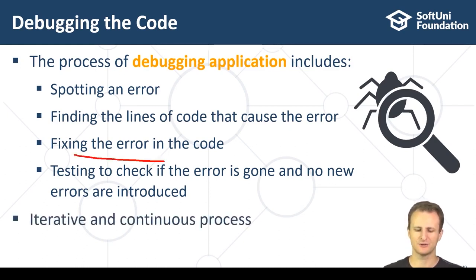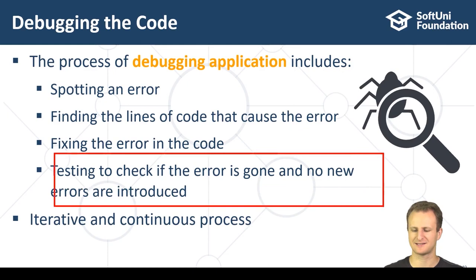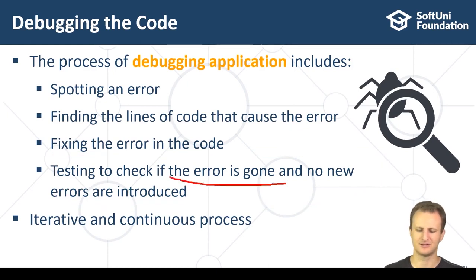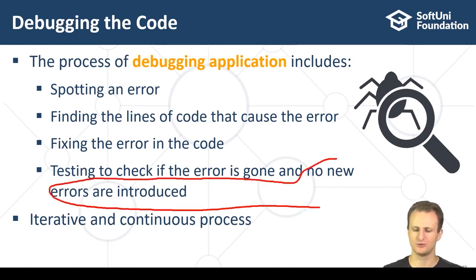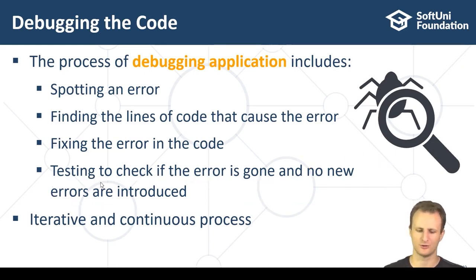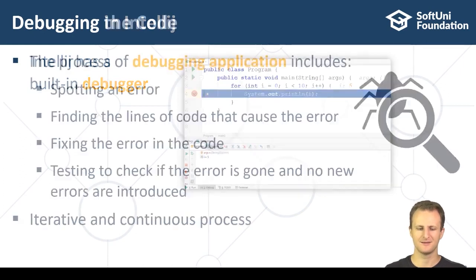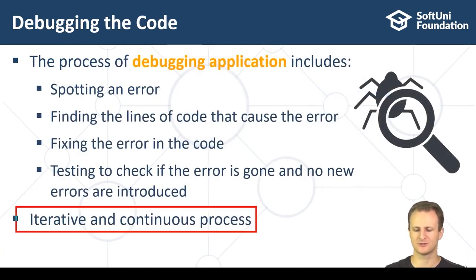And after you've done the fix, you start testing, and in addition to testing whether you have fixed the problem you noticed, you also have to test everything else which you know works, because you could always have broken something that previously worked with your fix. And debugging is pretty iterative and repetitive, and you just do it.